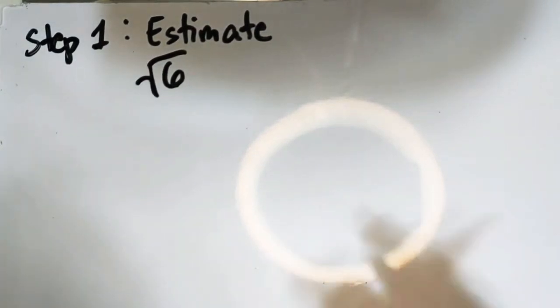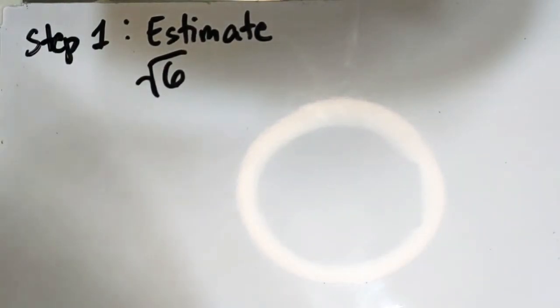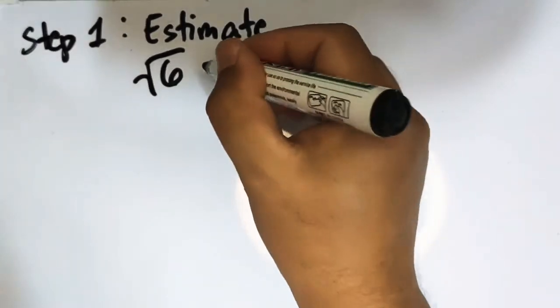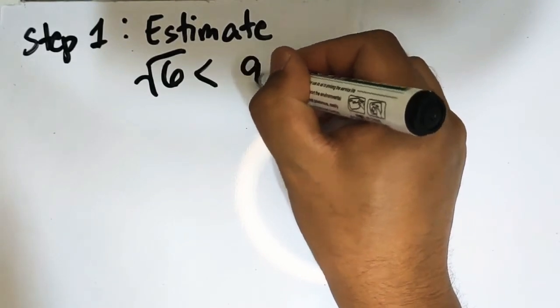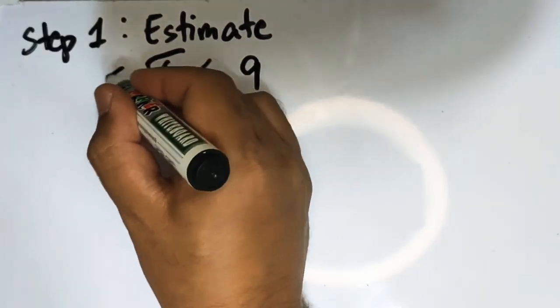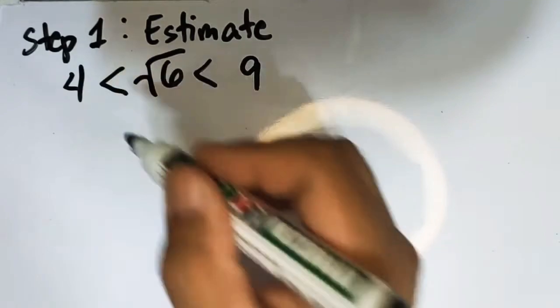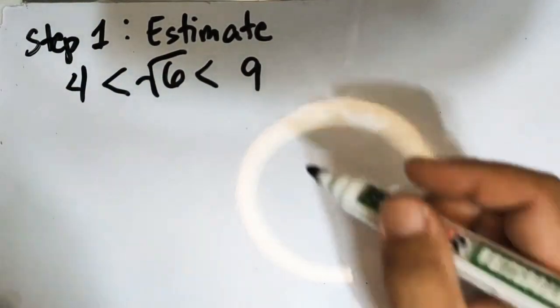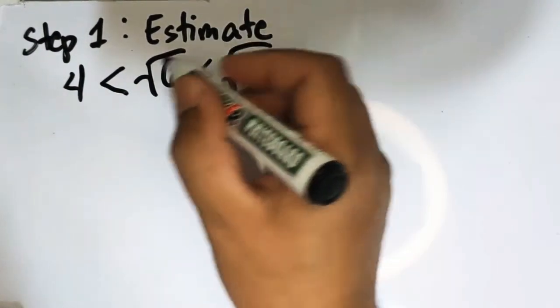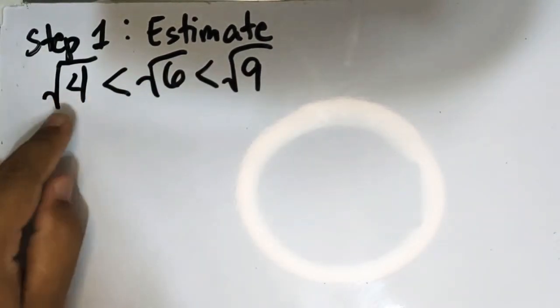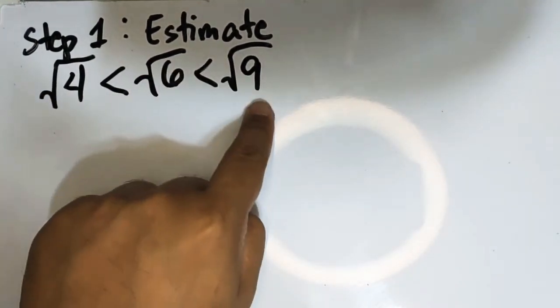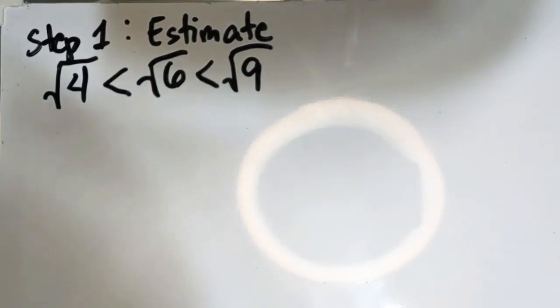Okay? Ano yung dalawang perfect square na nakapagitan yung 6? Okay, very good. Yung isa ay 9 at yung isa naman ay 4. Okay? So, ang square root of 6 ay nasa pagitan ng square root of 9 and square root of 4. This is less than and this is greater than 6. Okay?